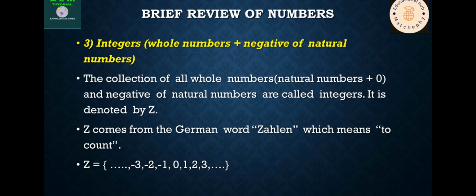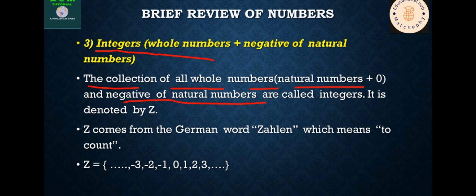Now children, can anybody tell me how we can define integers or what are integers? The collection of all whole numbers, in that we have natural numbers plus 0, as we have already learned in our previous section, and negative of natural numbers are called integers. Once again, the collection of all whole numbers, that is your natural numbers plus 0, and negative of natural numbers are called integers.